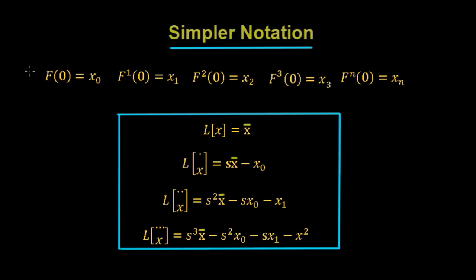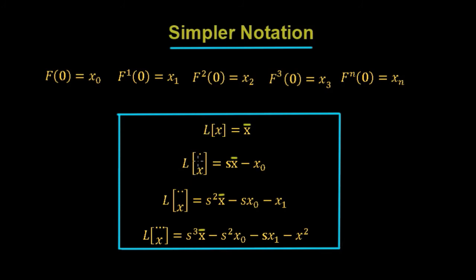Now, we want to simplify the notation, make it a bit easier whenever we're doing our differential equations. So what we'll do is say f of 0 equals x0, f derivative of 0 equals x1, the second derivative of 0 equals x2, the third derivative of 0 equals x3, and so on, till the nth derivative of 0 equals xn. We'll also say the Laplace transform of x is given by x bar.